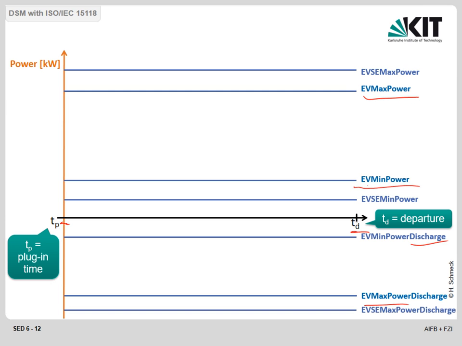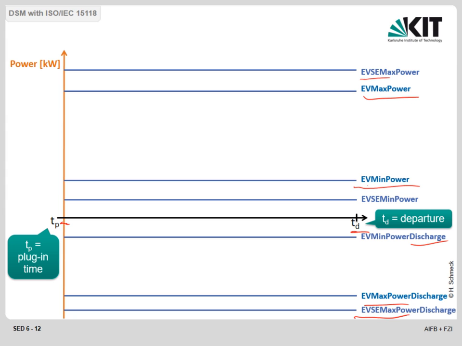Equivalent to that, the supply equipment will specify its values. What is the minimum power that it can provide? What is the maximum power of the electric vehicle supply equipment? The same for power feedback: what is the maximum power that you can feed back into the system?